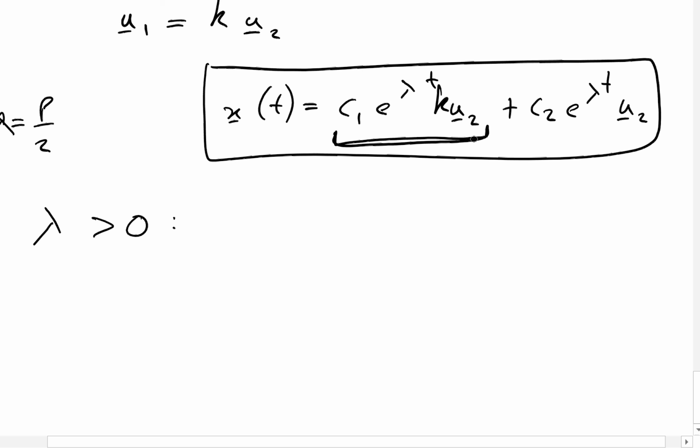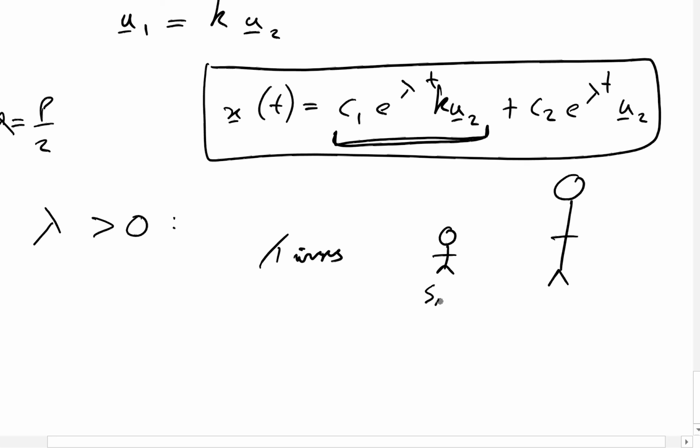If you want a visualization of what's going on here with this u1 and ku2, think of twins. We've got a set of twins, this one and this one. They're exactly the same in genetic makeup. Identical twins, let's say, except one is taller than the other.